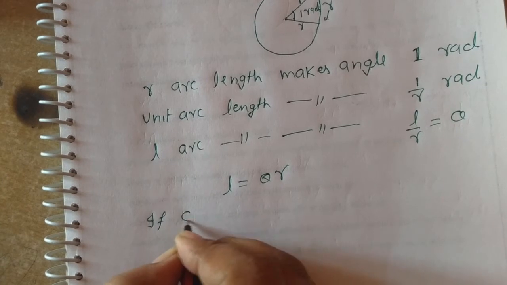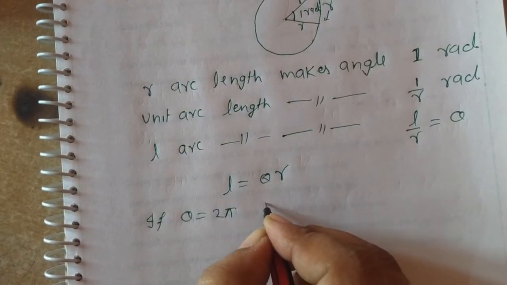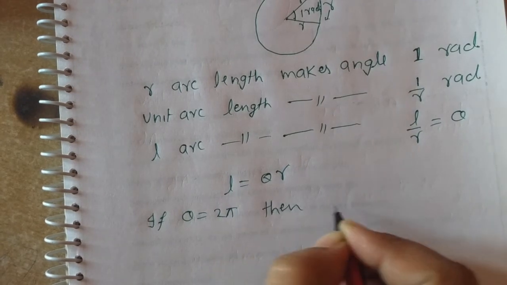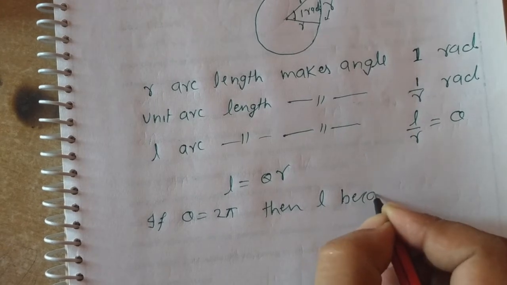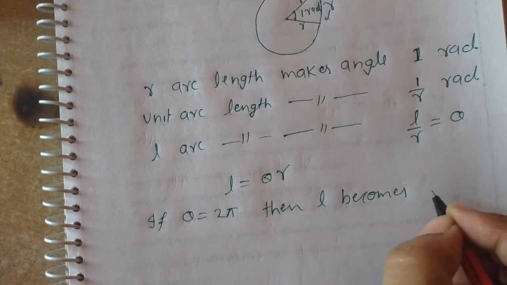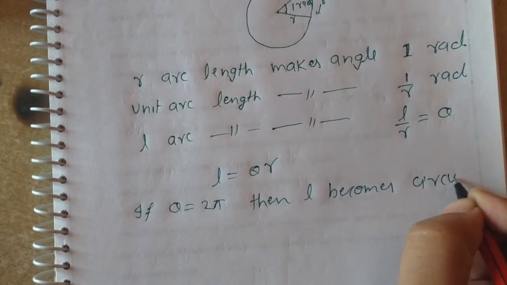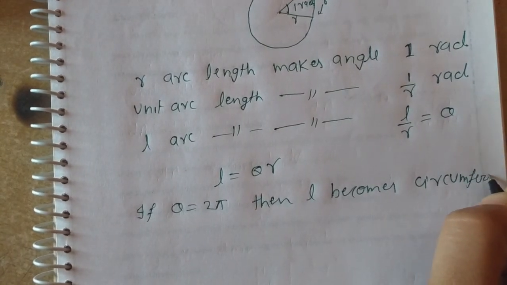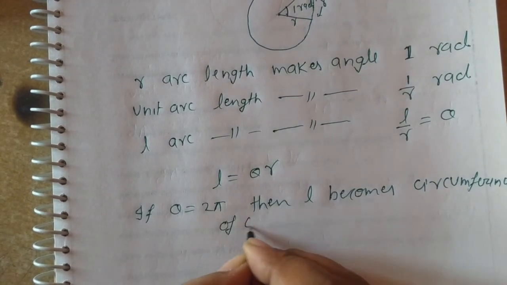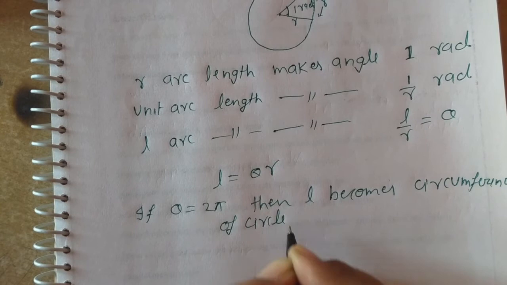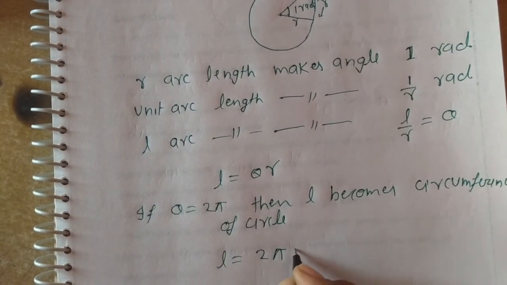If theta equal to 2 pi, then L becomes the circumference of the circle. L equal to 2 pi r.